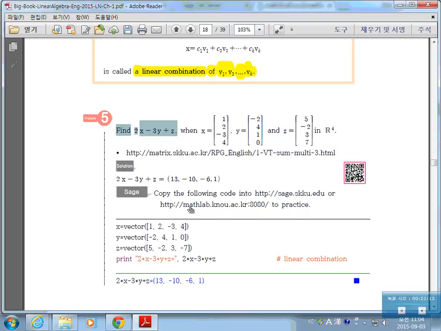How are you going to do that? It's a very simple hand calculation: just multiply by 2 and by minus 3, then add all three, which gives us 13, minus 10, minus 6 and 1.